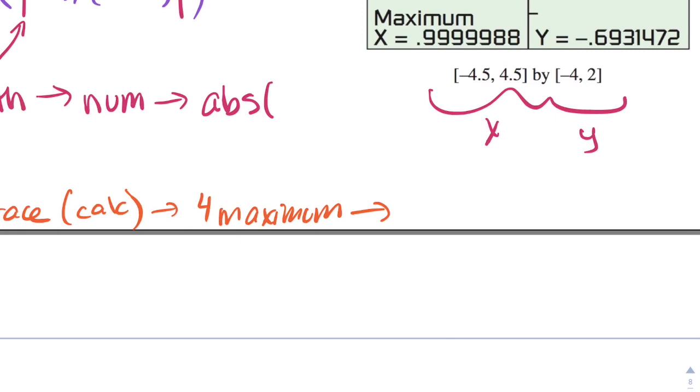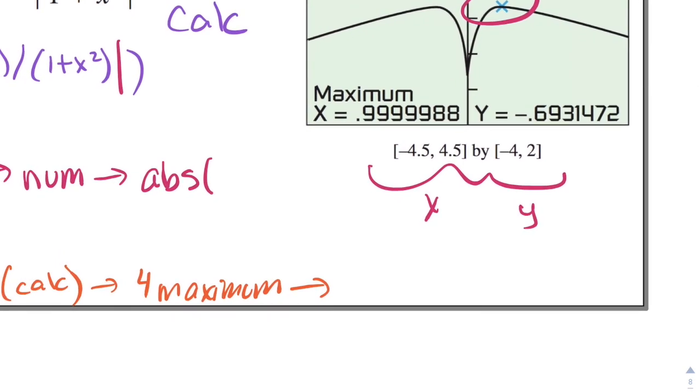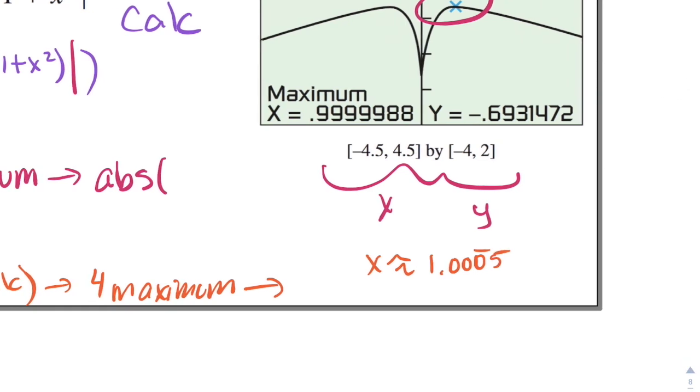And you do that, and I get something a little bit different, but it might be because of my window. I get X is approximately 1.00005, and Y approximately negative 0.693147.